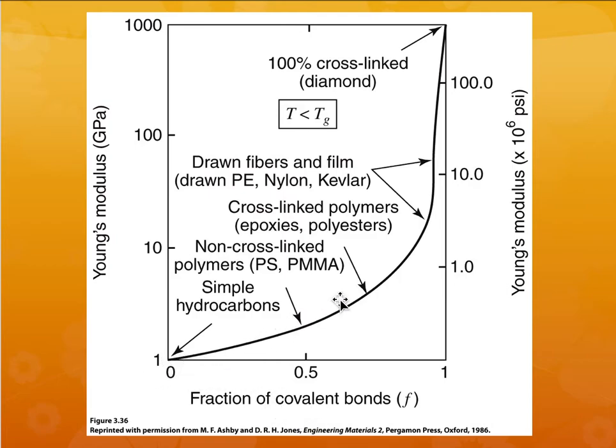So the more covalent bonds there are, the higher the strength of a material. And if you increase the amount of covalent bonds as you are drawing this material into a fiber type of material, then those fibers will have extremely high strength and high elastic modulus, or Young's modulus.